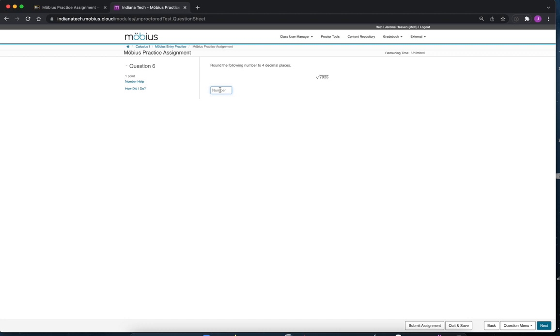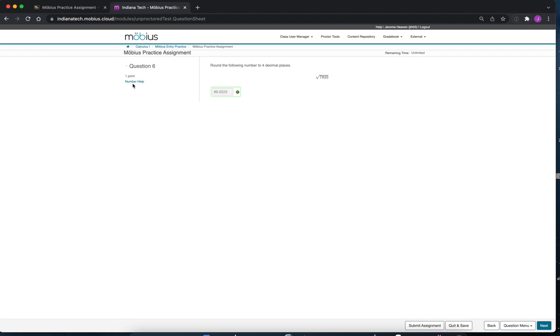So for me, I have to enter 89.0225 when I round. And you can verify this. You can check that this is the decimal approximation to that square root. Right? And then how did I do? And that's good. So I'm going to move on.